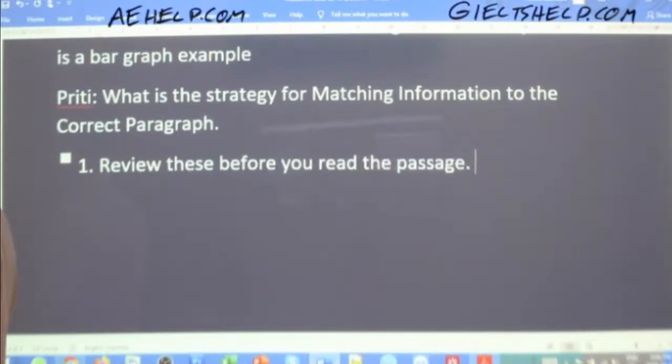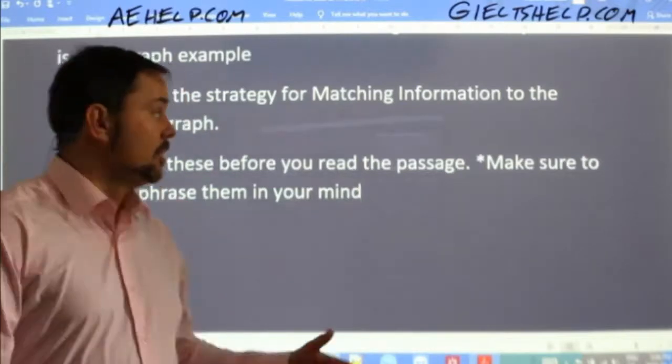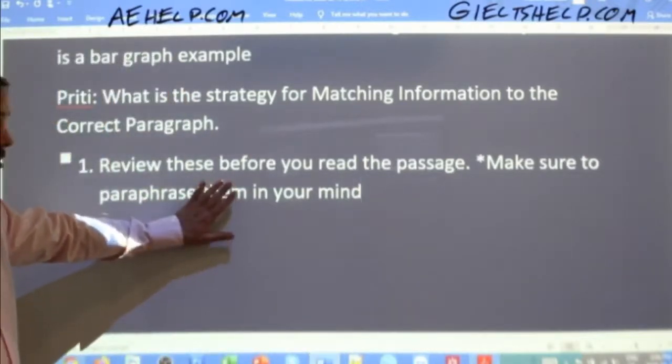Okay, make sure to paraphrase them in your mind. Okay, when you're practicing at home, you can paraphrase them on paper, but make sure to paraphrase them in your mind during the actual exam.